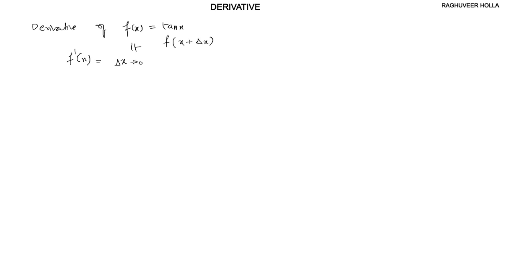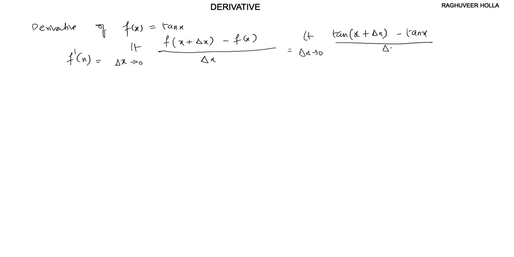So f dash of x is limit delta x tends to 0, f of x plus delta x minus f of x divided by delta x, which is equal to a limit delta x tends to 0. So this is tan of x plus delta x minus tan x divided by delta x, right?